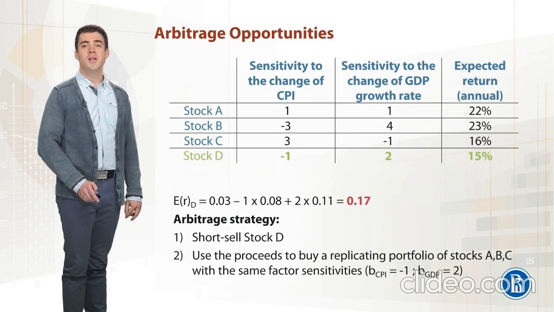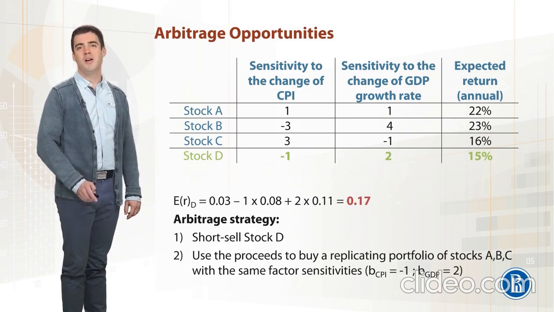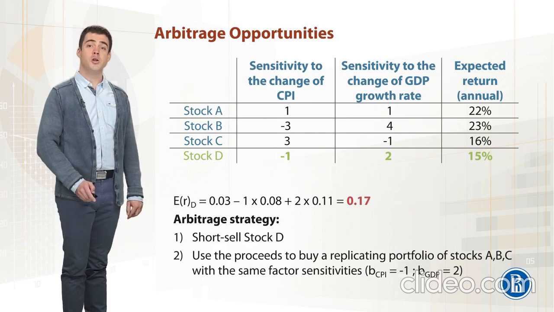However, the most interesting thing happens when we decide to introduce one more asset in our model. For example, let's consider stock D, which has the sensitivity of -1 to the change of CPI and the sensitivity of 2 to the change of the GDP growth rate.